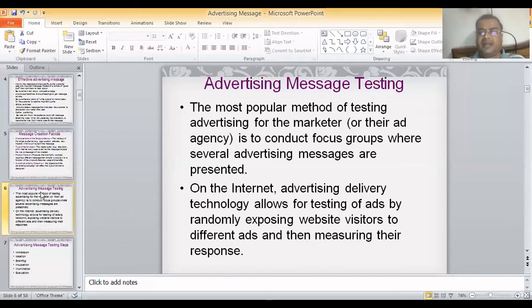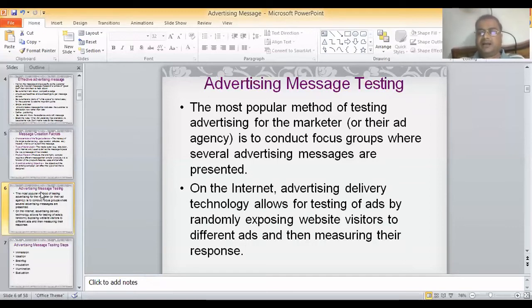Now there are many types of testing which are done. So sometimes, for example, on the internet, there are random ads exposed on websites, and then we see how the audience is responding to it.